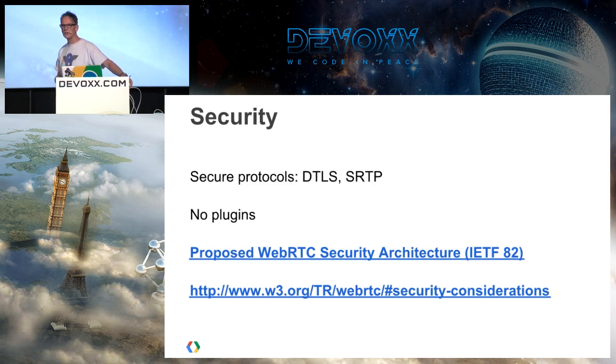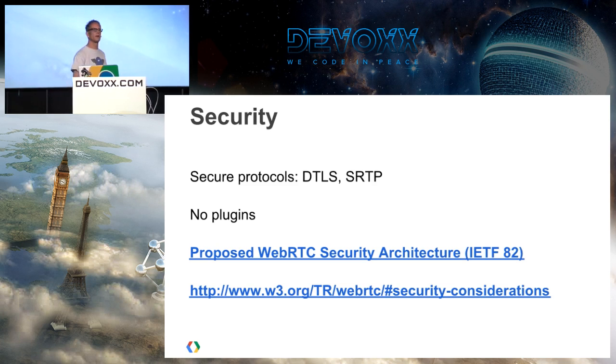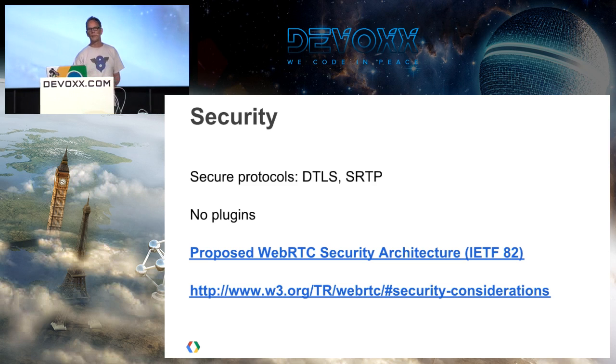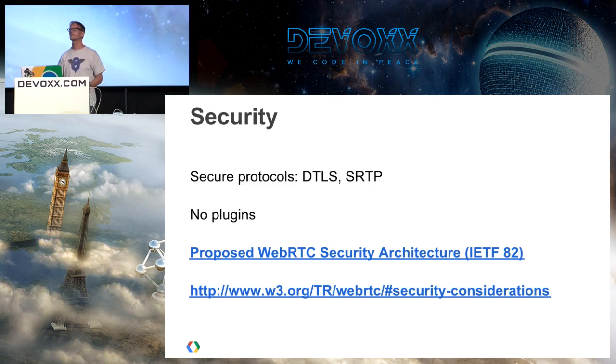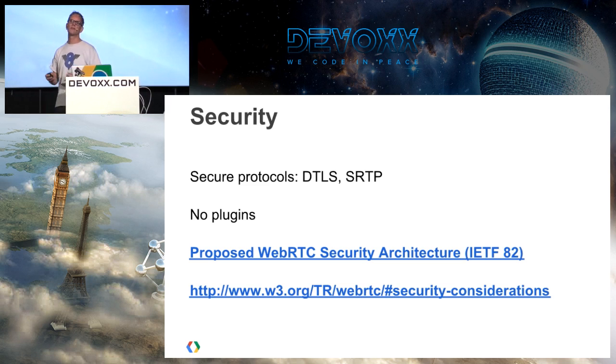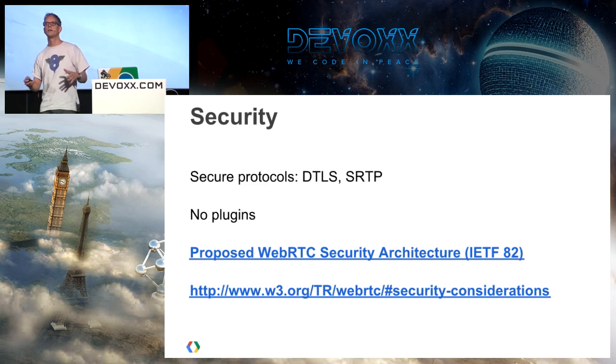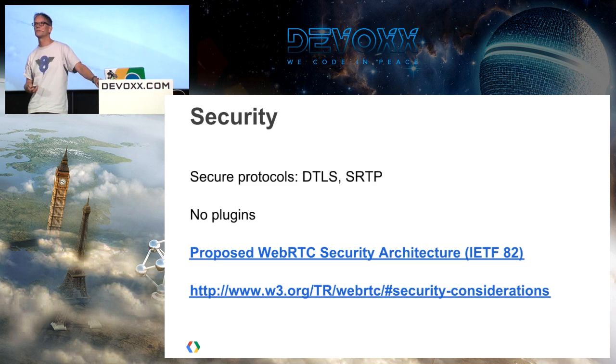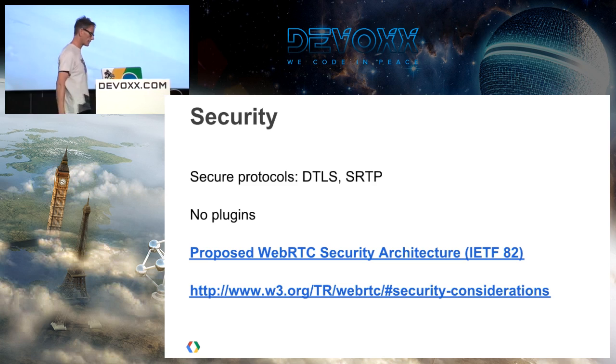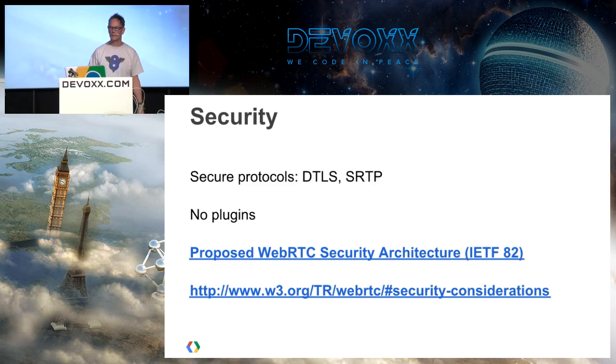In terms of security, we're using secure protocols anyway. But I think, in a sense, the most secure thing about WebRTC is the fact that there are no plugins, that it's built into the browser. The point about this is also that you get these quick updates, which clearly we're not seeing with plugins that tend to get left behind.